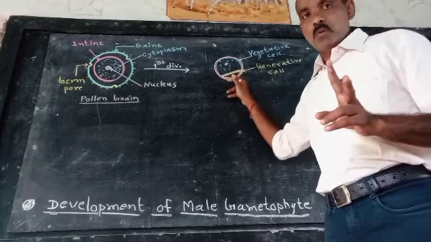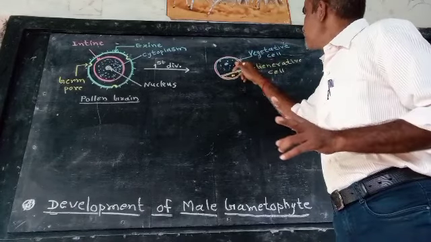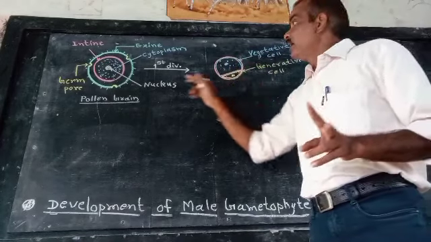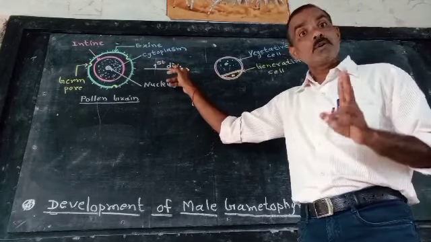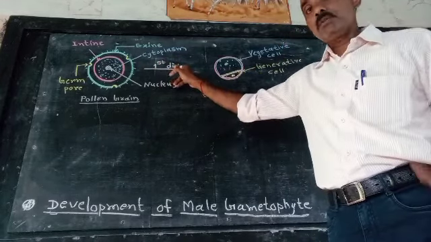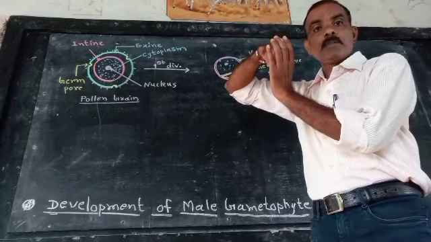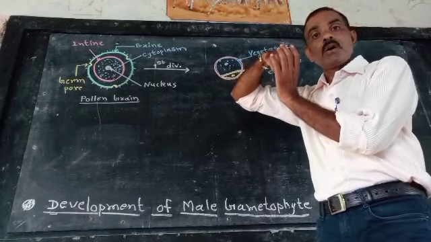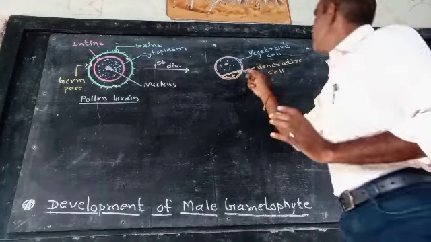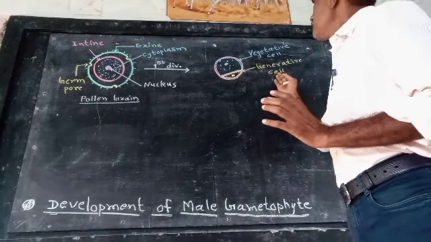nucleus. Two cells form, vegetative cell and generative cell. That is the first mitotic division. After dividing the nucleus of that pollen grain on the stigma, it forms a vegetative cell and a generative cell.